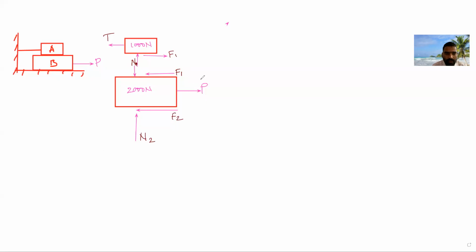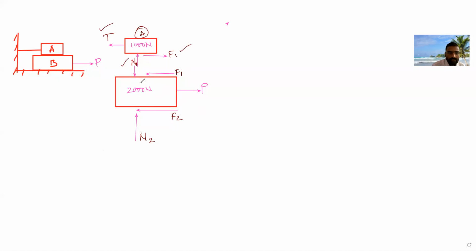So first, in order to find the P value, you have to consider the free body diagram of block A and the free body diagram of block B. First, we have considered the free body diagram of block A. Here we found the value of P, the value of F1, and the value of N1.